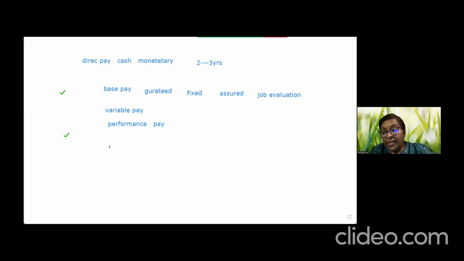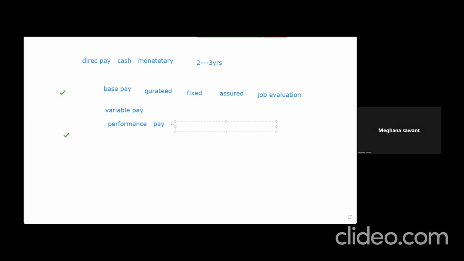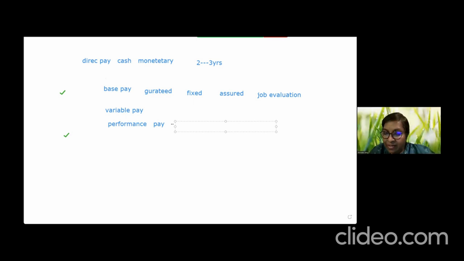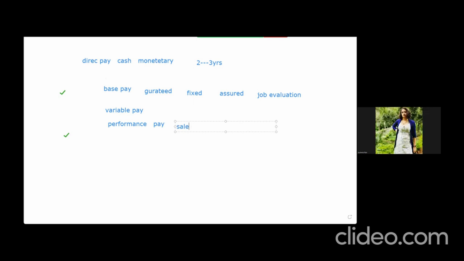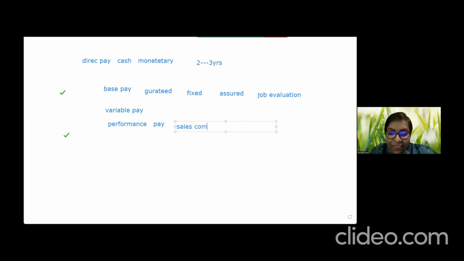Now we have an entire session on incentives, etc. Okay. So performance pay, as the name suggests, means the higher you perform, the higher the amount you get. And if you don't perform, there are predetermined targets. So a typical classic example is what? A salesman's commission. Sales team, yeah. Sales commission.